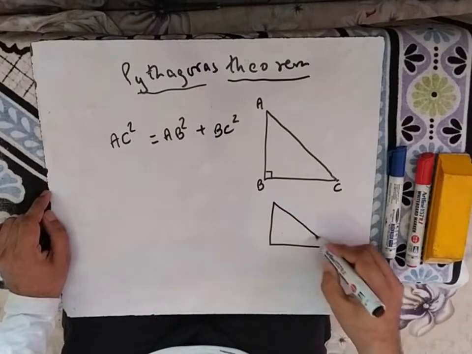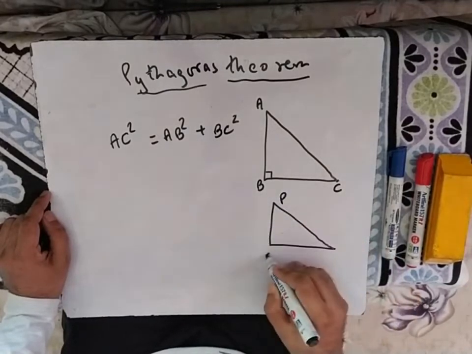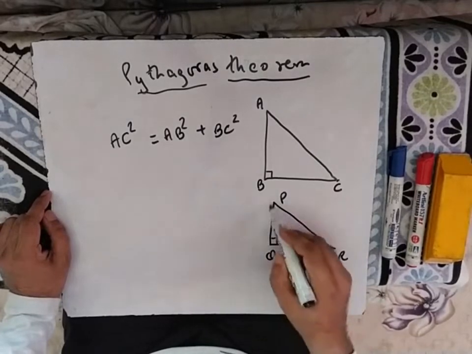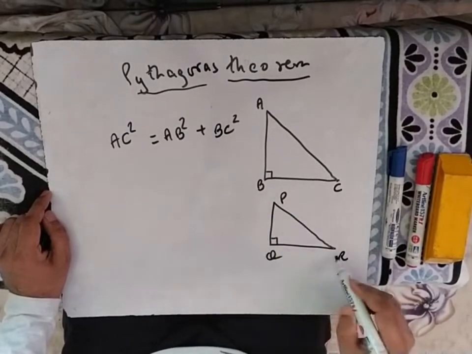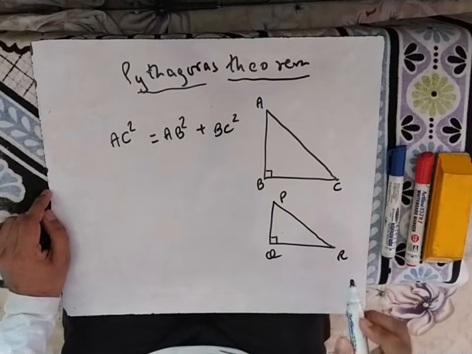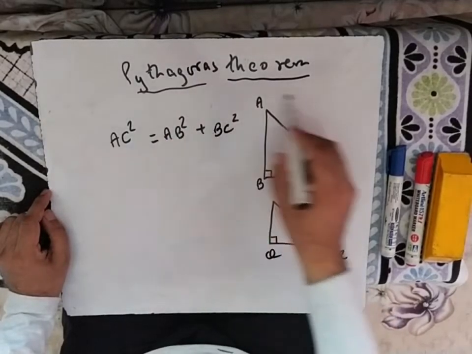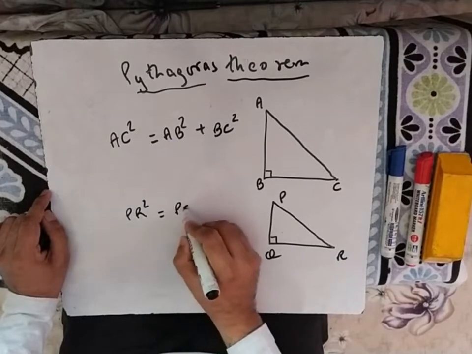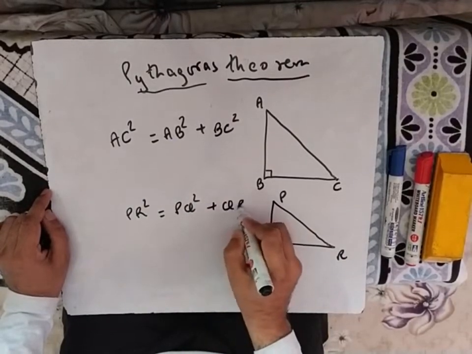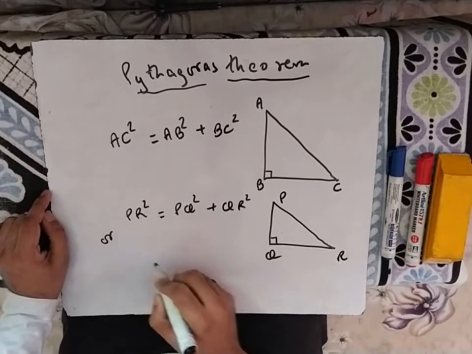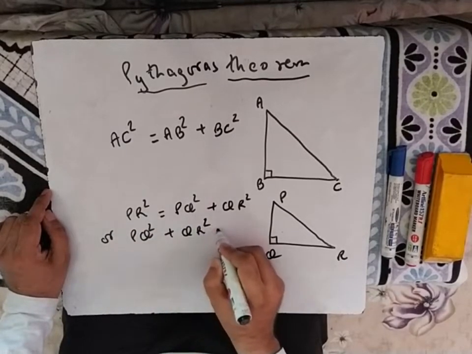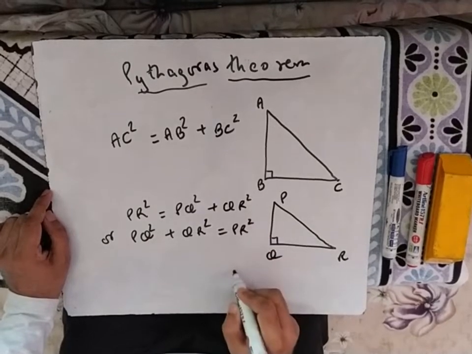Here I am drawing one more right angle triangle PQR where angle Q is 90 degree. So in right angle triangle PQR, PR will be called as the hypotenuse. So according to the Pythagoras theorem we have PR square is equal to PQ square plus QR square. Or we can also write this as PQ square plus QR square is equal to PR square.